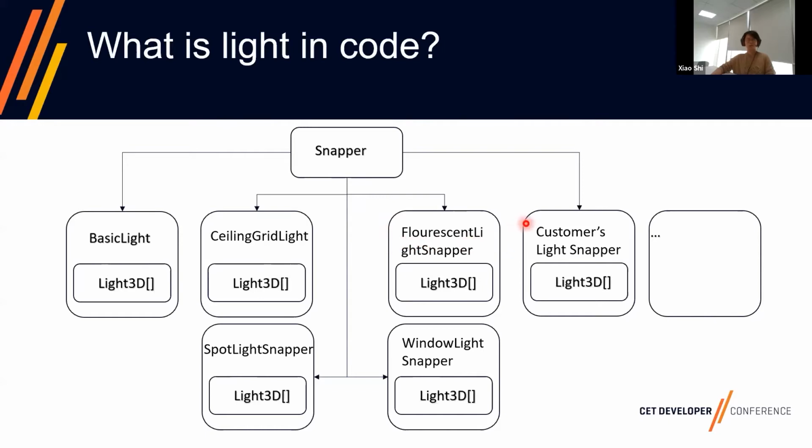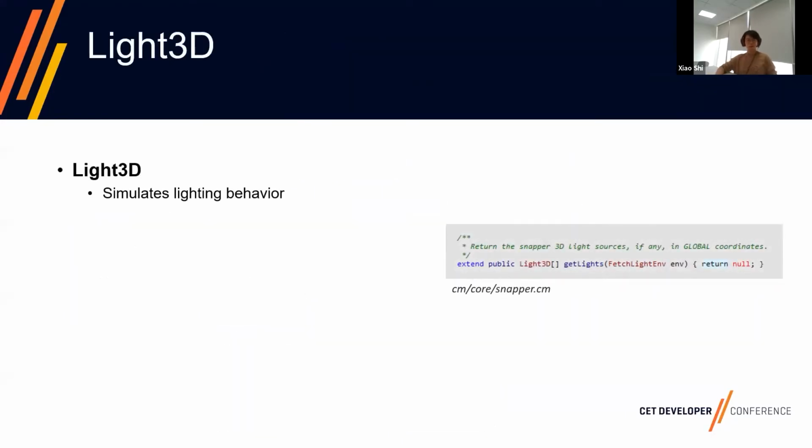We also have customized light snappers. I know that some of our customers have their own lights or want to have some light behavior product. So they can extend from snapper and make their own lights. And you probably wonder, what is this Light3D that I put for every light snapper? In snapper.cm you have a method that returns this Light3D.